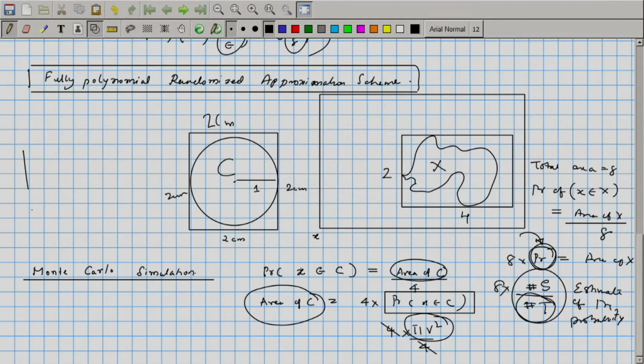If this was a tiny region inside a large, let us say, box, then we do not expect to hit this region too often.